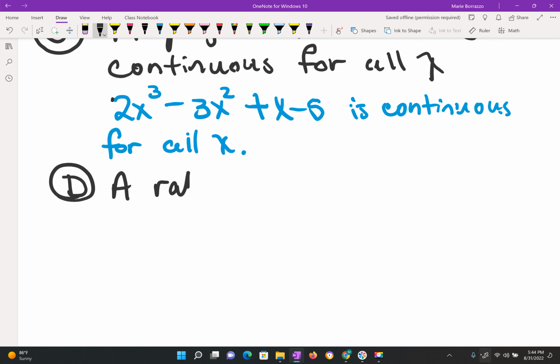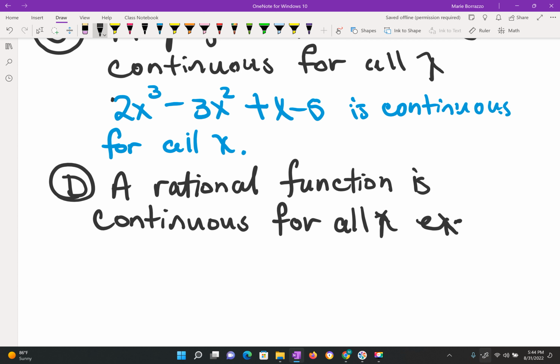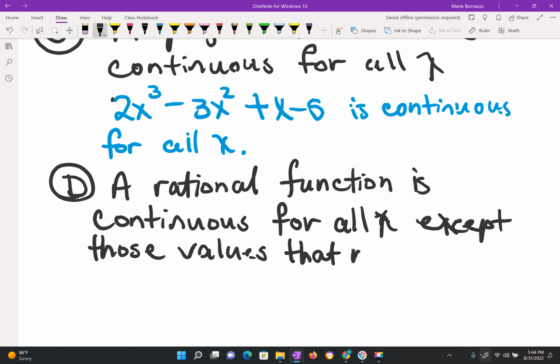So a rational function is continuous for all x except those values that make the denominator zero.